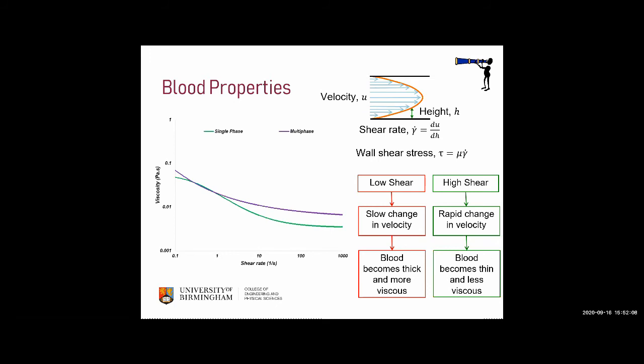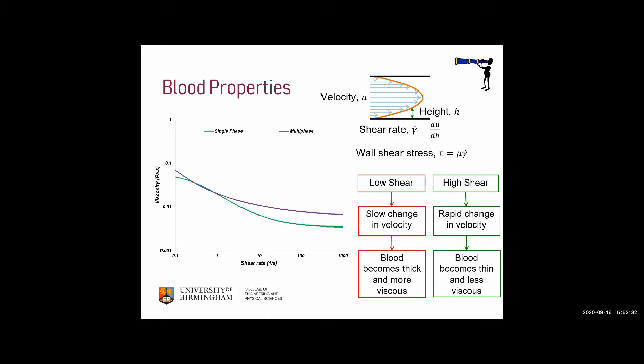And blood's viscosity will change depending on the shear you apply to it. So its viscosity isn't constant like water's is. It can change over different shear rates. At low shear, the blood starts to become thicker as it moves slower near this wall. It becomes a thicker sort of liquid. And in high shear environments, blood becomes very thin and flows a lot easier.